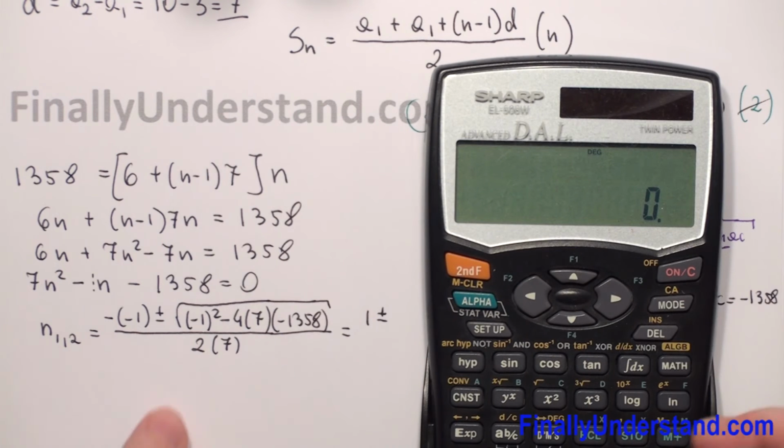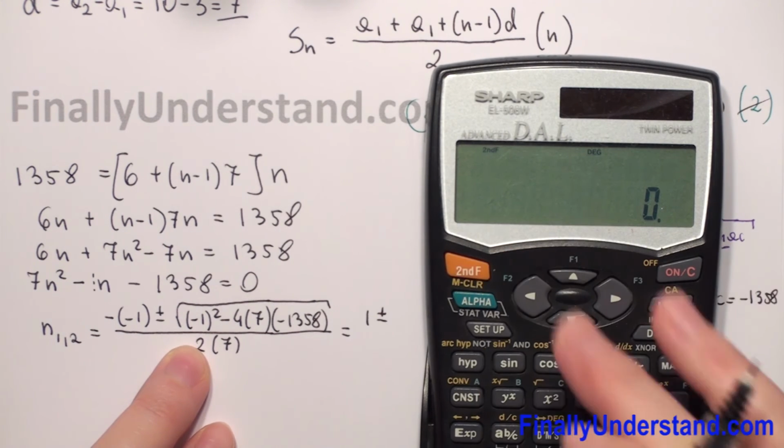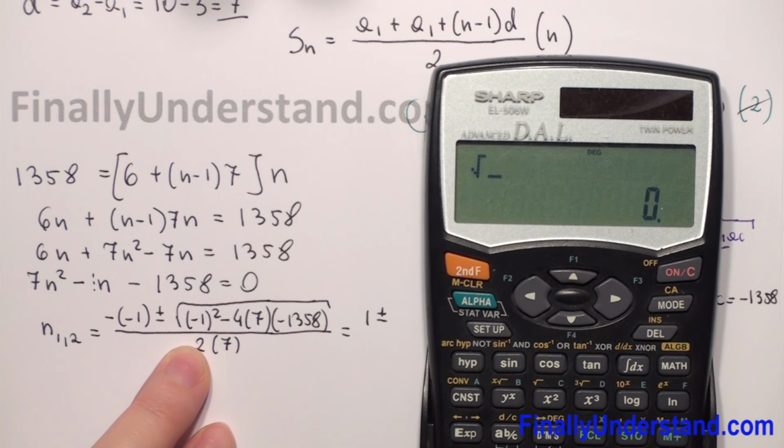We have the square root of, open parenthesis, negative 1 to the second power, which will be 1. And we have negative times negative, so it will be positive, so plus 4 times 7 times 1358, close parenthesis.